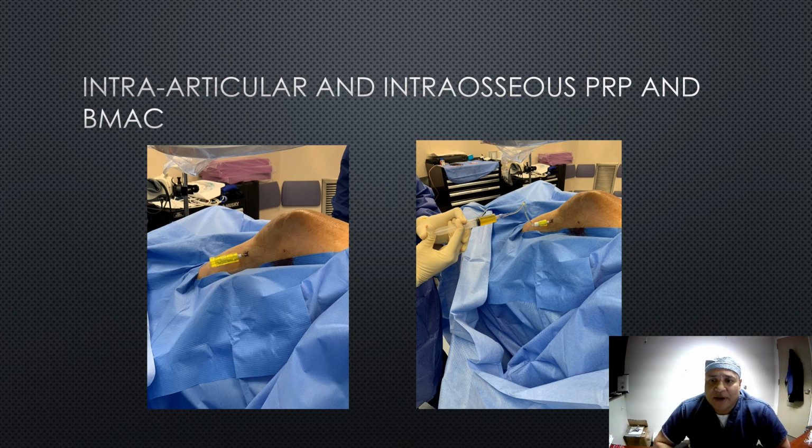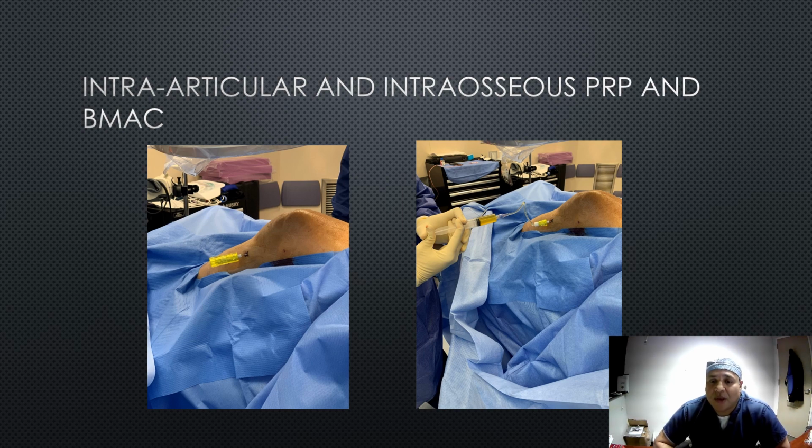The technique for intraarticular and intraosseous PRP and bone marrow concentrate injection is quite simple and can be easily described. The process includes performing x-rays initially to image the joint itself. Thereafter, I recommend performing MRI studies to look for areas of bone bruising or hyperemic pathological areas in the subchondral tissues.